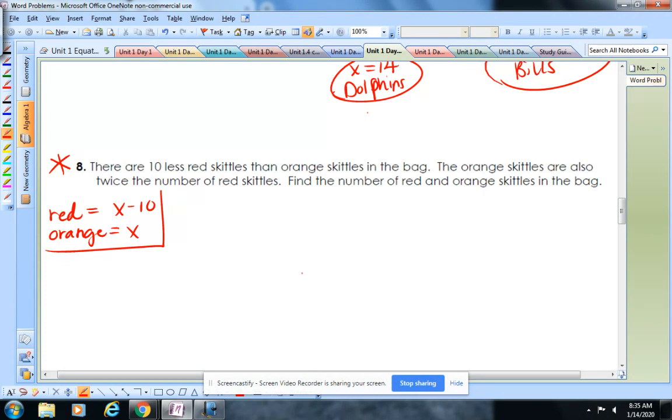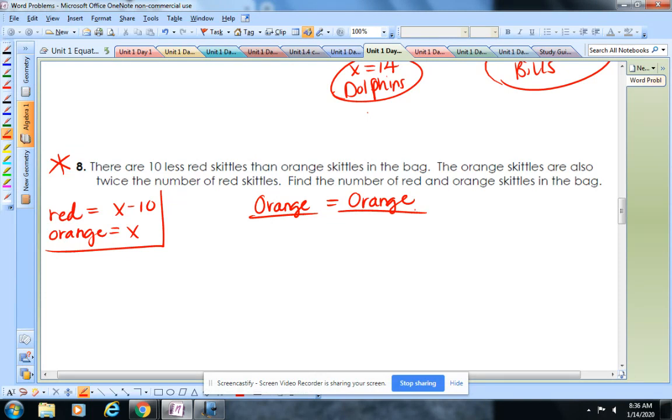But what I know about the orange Skittles is, if I just have one bag of Skittles, the amount of orange Skittles I have is the same no matter if I call it twice red or just X, right? So what you're going to do is take one orange amount they tell you, and set it equal to the other orange amount they tell you. Orange equals orange.